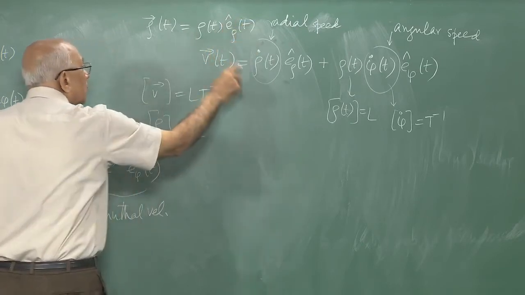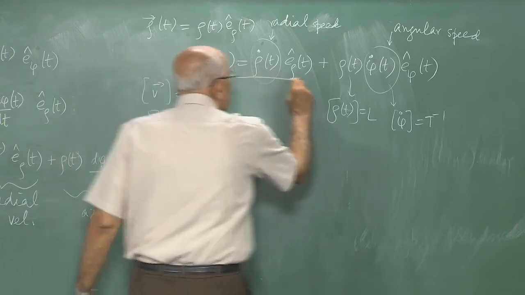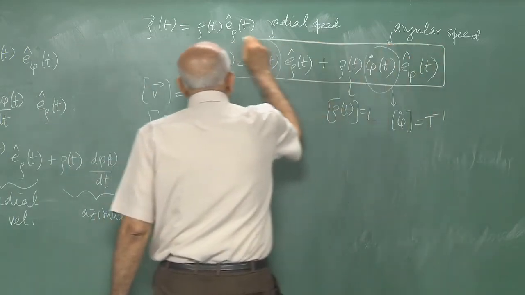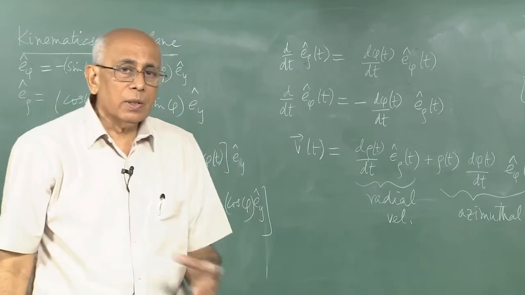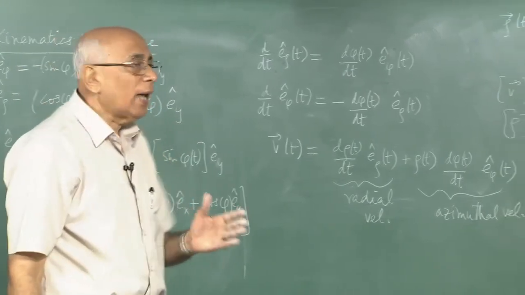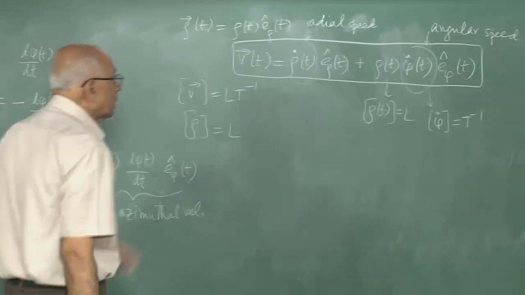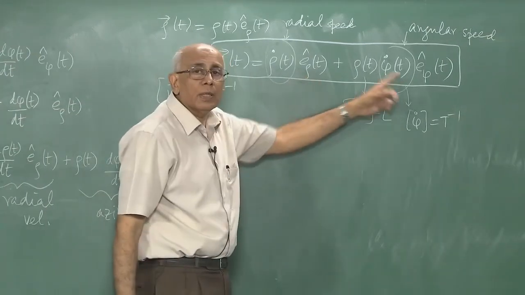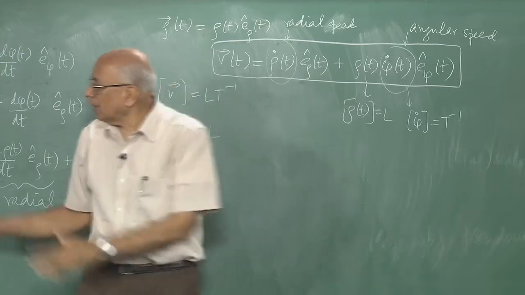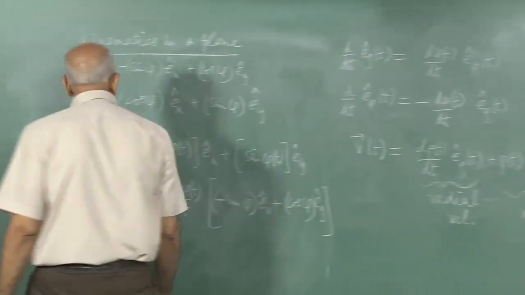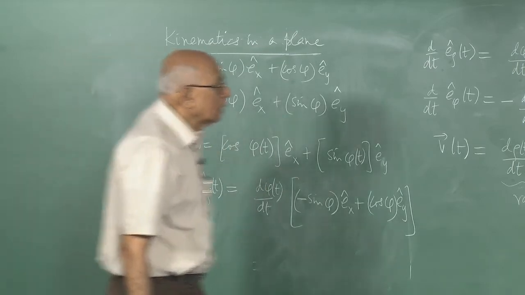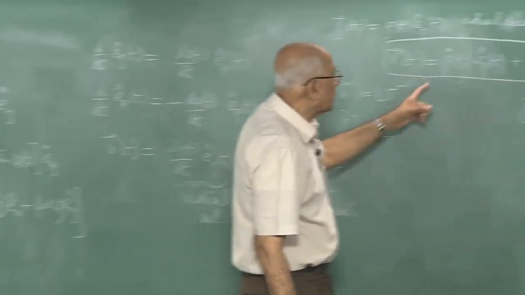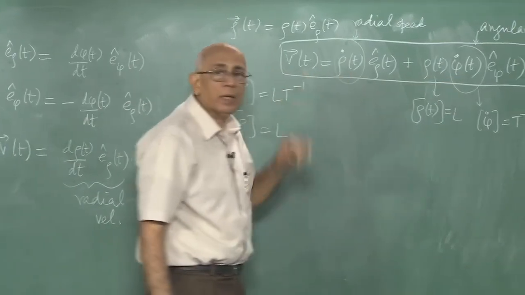So we started with that, and we have derived this fundamental relation here, which tells you that the velocity would in general have two components, one because the distance from the origin is increasing or decreasing, and the other because the azimuthal angle of a point on the path is changing, and these are the two components. This is the analog of the Cartesian quantity we wrote down. We wrote V of t is Vx times Ex plus Vy times Ey. Now we got slightly more complicated quantities. There is an angular speed coming in, there is a radial speed coming in, and so on.